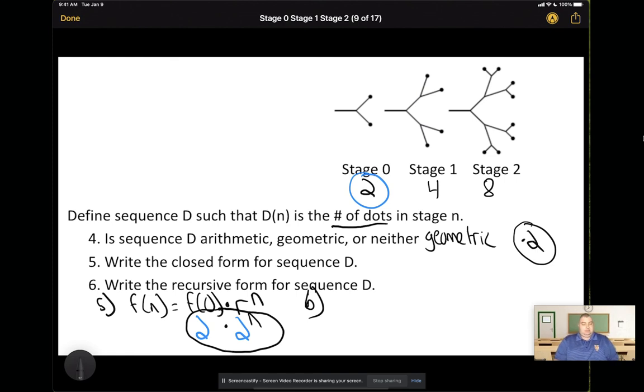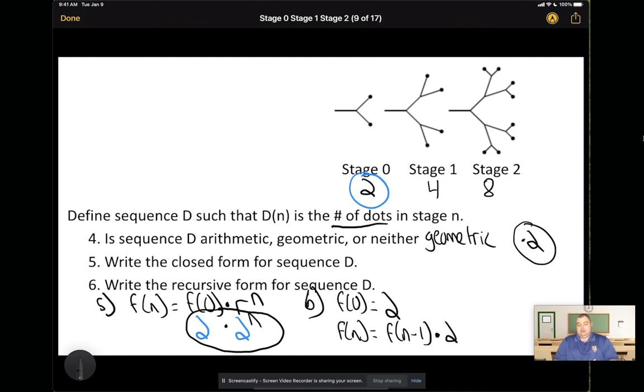Number 6, write the recursive form for sequence D. So remember with recursive, we have to write the 2 parts. So we already know my f of 0, my starting term is 2. All right, that's my starting term. And then to get each new term, so f of n, I'm going to take the previous term, f of n minus 1, and I'm going to multiply the previous term by what?